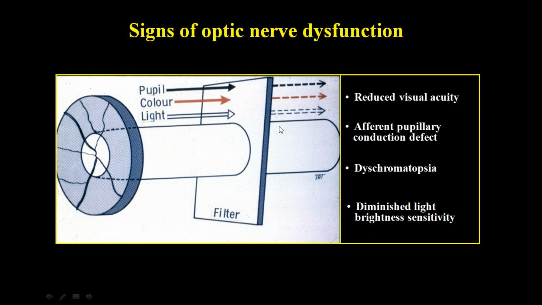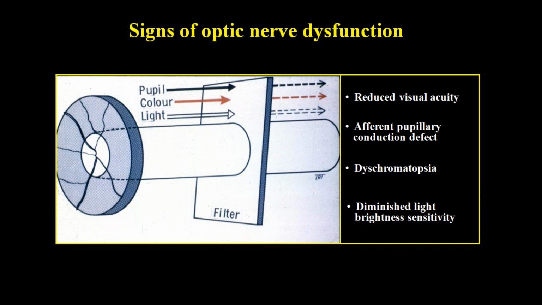That is, there is a relative delay in constriction of one pupil compared to the other, or delay in relaxation. When you throw light on one pupil and see the simultaneous reaction in the other pupil and come back to the same eye, there is a difference. Both ideally should be symmetric. When there is a difference, you call it a relative afferent pupillary defect.